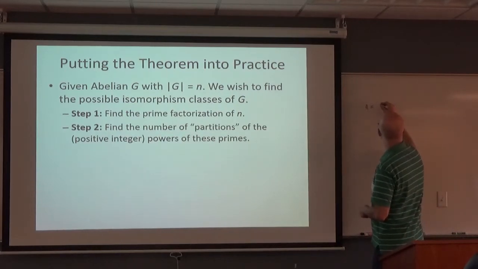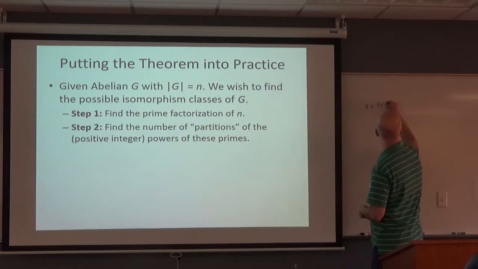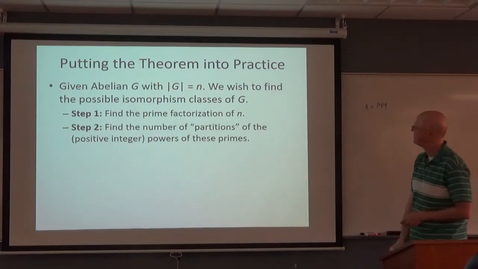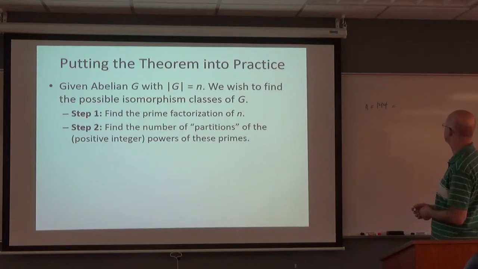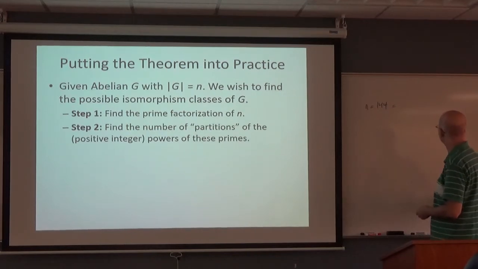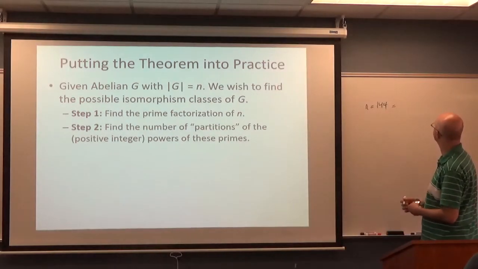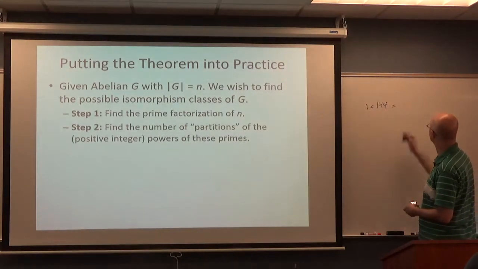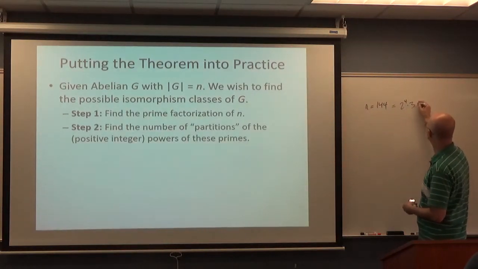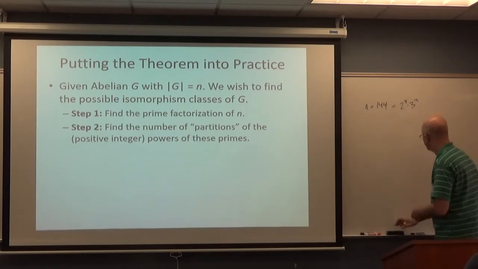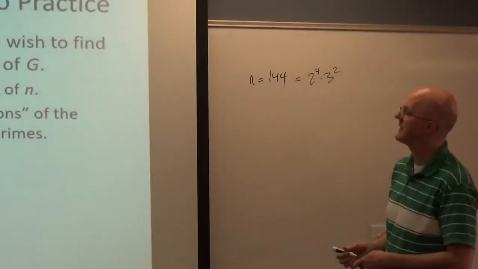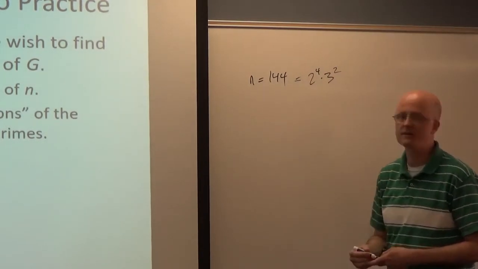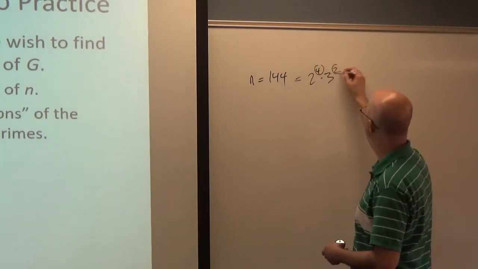Let's say n is 144, for example. 144's prime factorization: let's see, 144 is 12 squared, and 12 is 2 squared times 3, so we're going to get 2 to the 4th times 3 squared. We need to look at the number of partitions of the powers of these primes, the 4 and the 2.